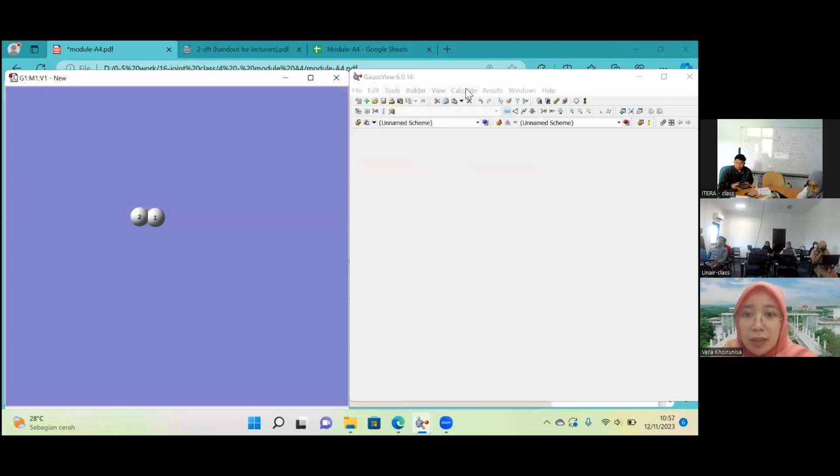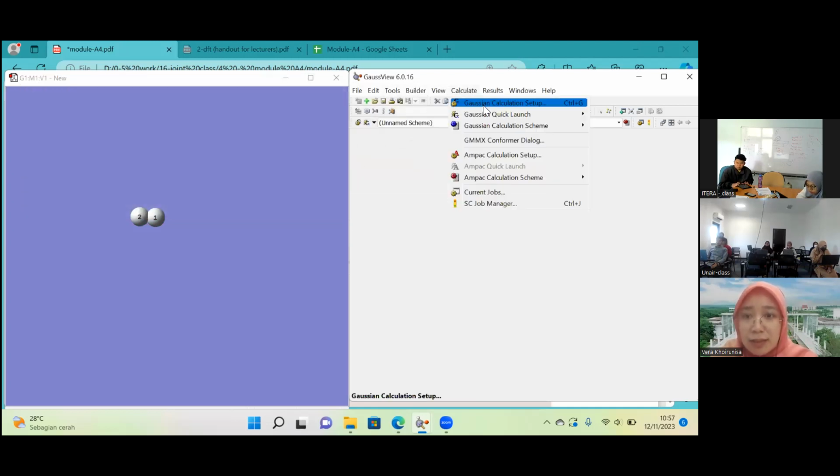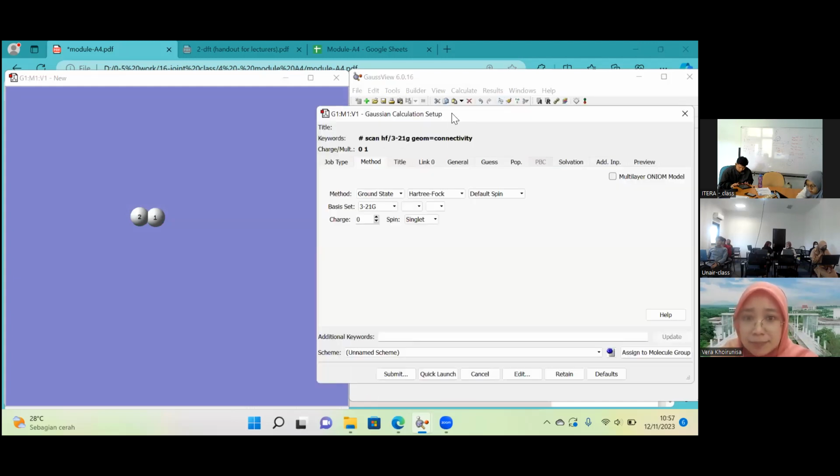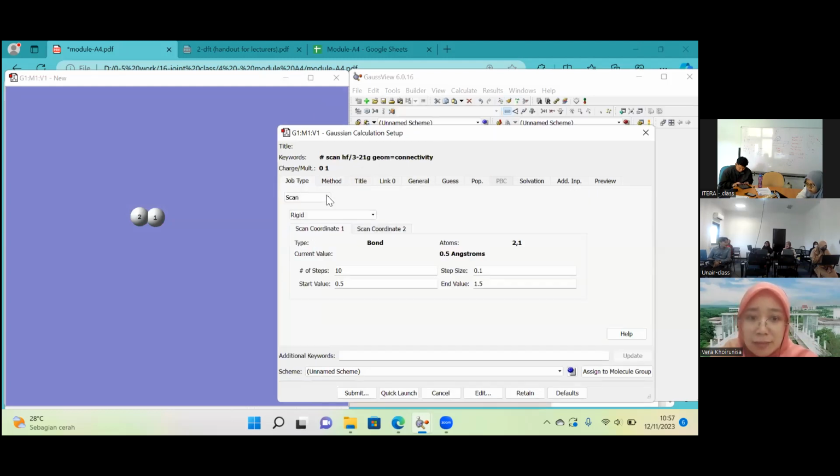And we go to calculate, Gaussian calculation setup. And choose the job type. In here, you'll find there is a new keyword. After we edit the atom list editor and put the Rx/scan, there will be a new keyword here.